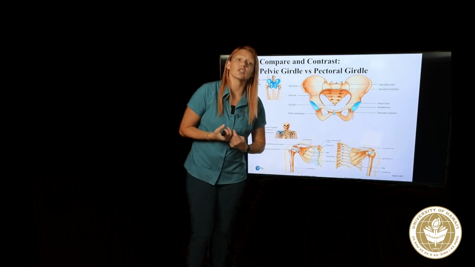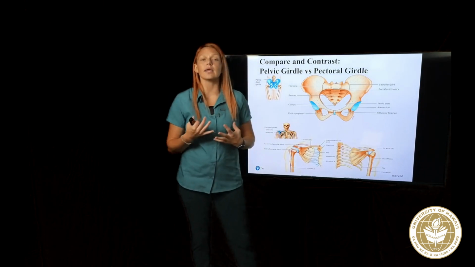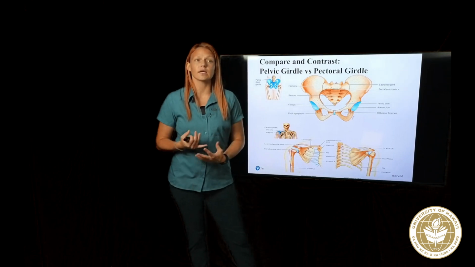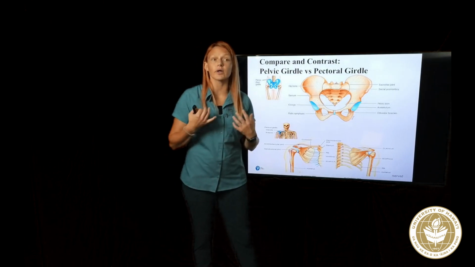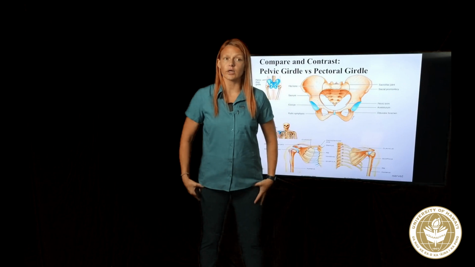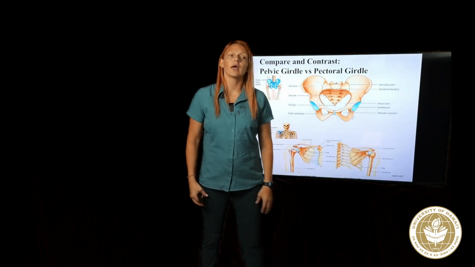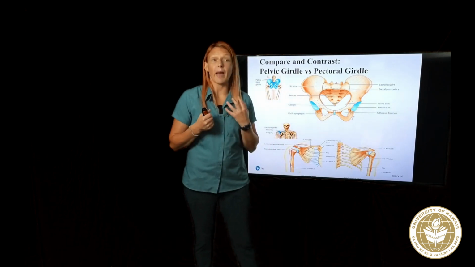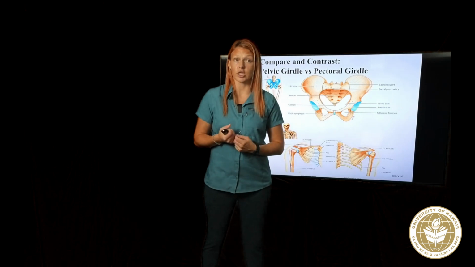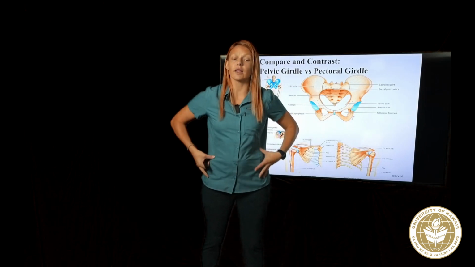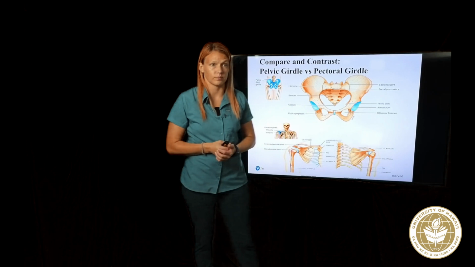The primary functions, again, are to bear the weight of the upper body, whether we're standing or sitting, to transfer that upper weight to our lower appendicular skeleton, and to provide attachment for very powerful muscles of locomotion and posture, as well as our abdominal muscles too.